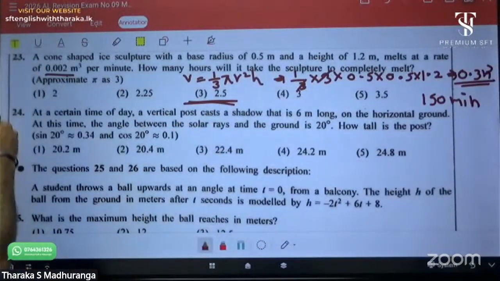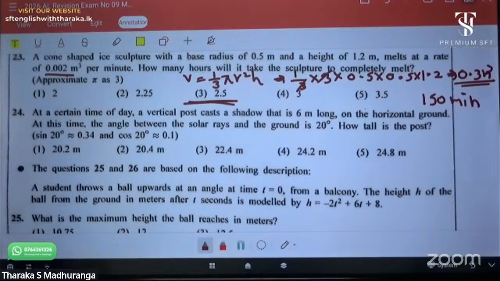At a certain time of day, a vertical post casts a shadow that is 6 meter long on the horizontal ground at this same time. The angle between solar rays and the ground is 20 degree.